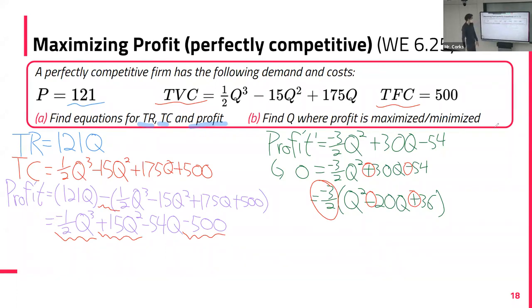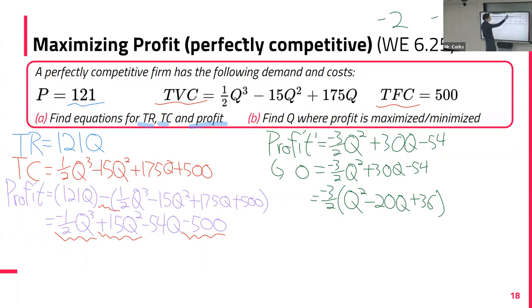All right, so let's try to be lazy first. Let's see if we can do our sum product method. If not, we could do the quadratic formula or completing the square or those other methods. So can we see two numbers that add to negative 20 but multiply to positive 36? -2 and -18. -2 minus 18 is -20.